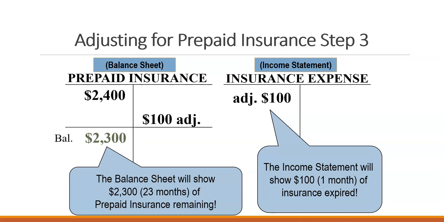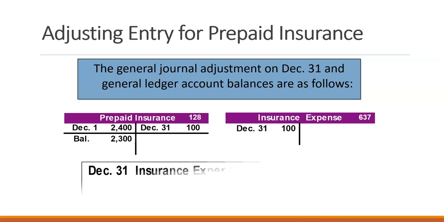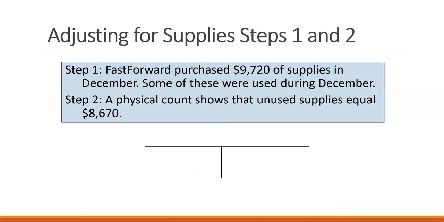At the end of our month, when we prepare our financial records, our balance sheet will show that we have 23 months of prepaid insurance remaining, and the income statement will show 1 month of insurance expense. This is how that journal entry looks, where we debit insurance expense and credit prepaid insurance. We would record that every month until the full 24 months have passed.